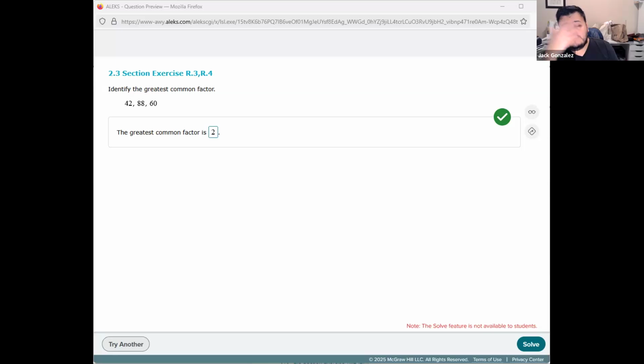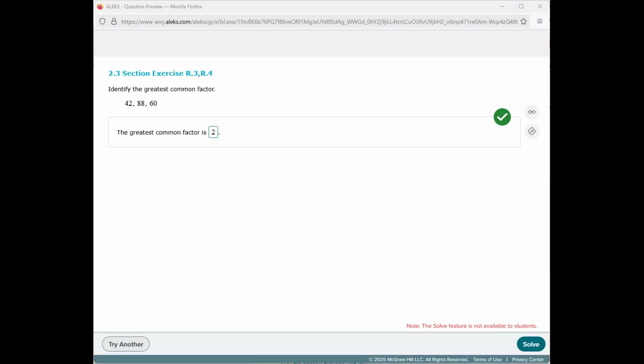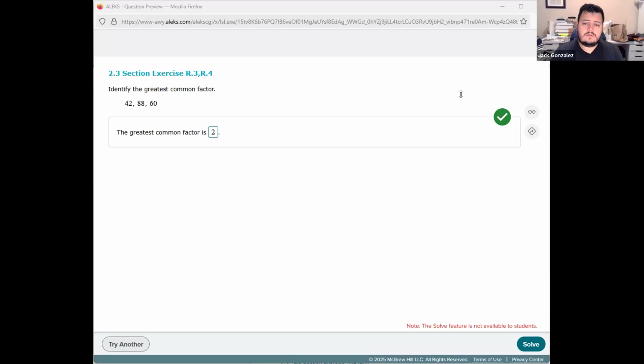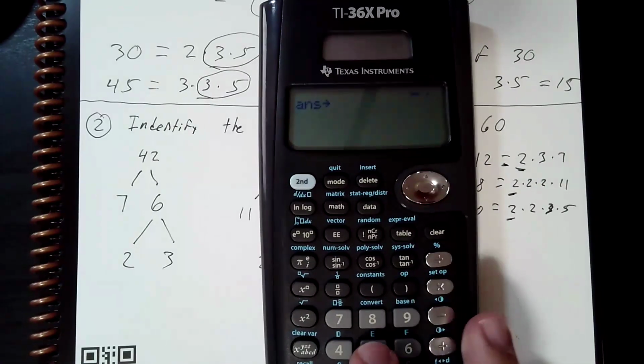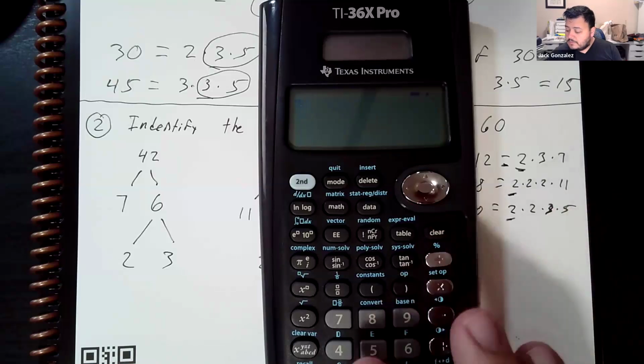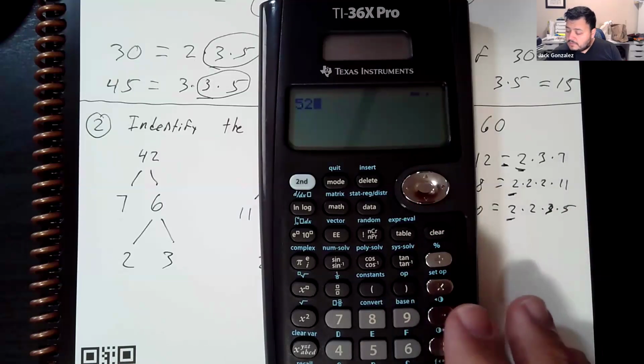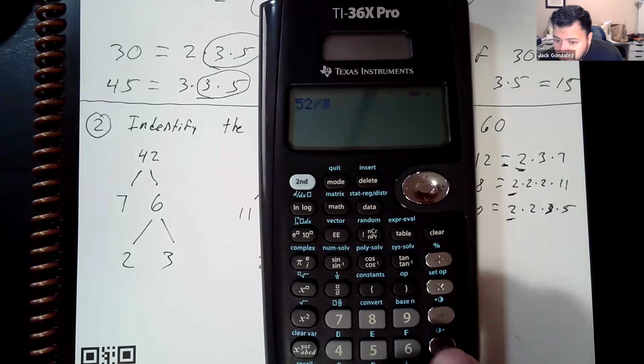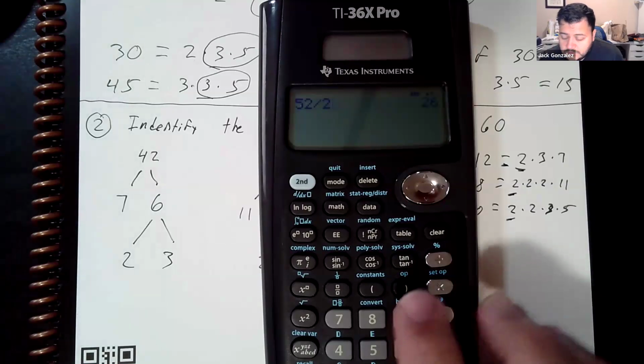So it's even, so I would start with 2, right? Uh-huh. So what you could do is this. Let's say you're really bad at multiplying or dividing. You don't want to think about it. You could take the 52 and divide it by 2, and then use 2 and 26.